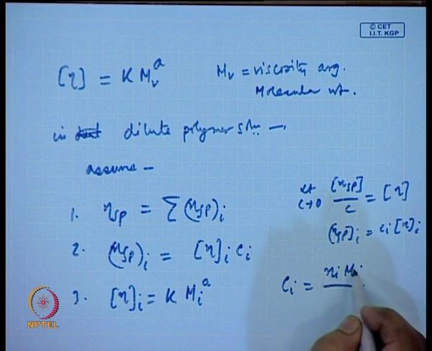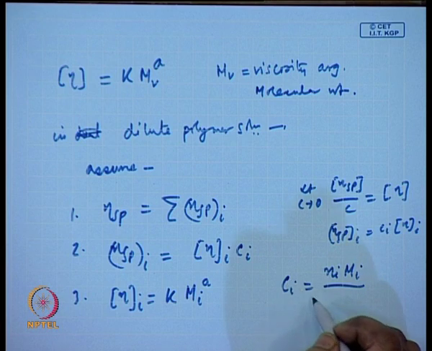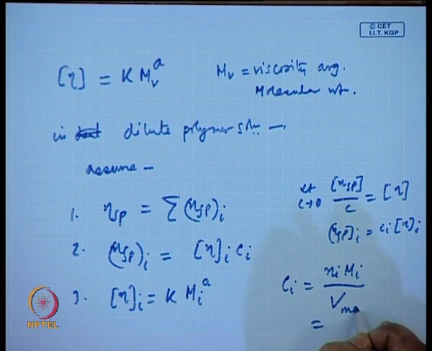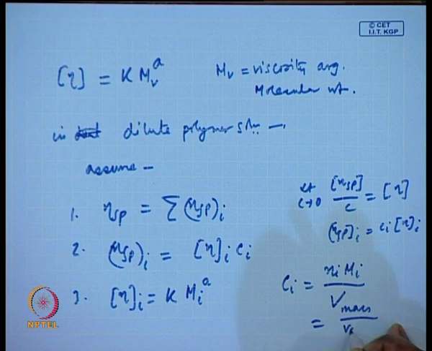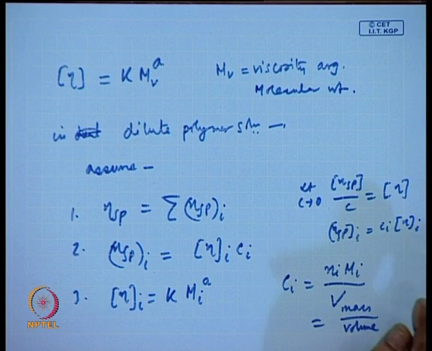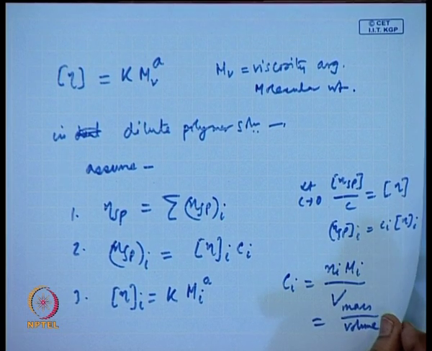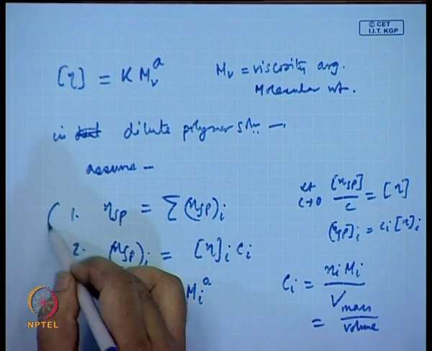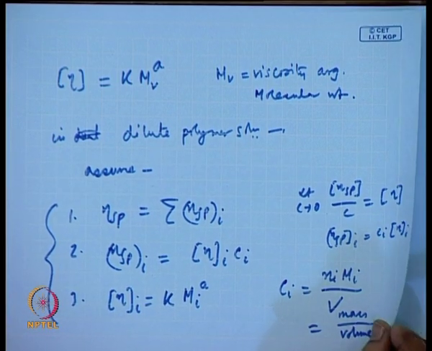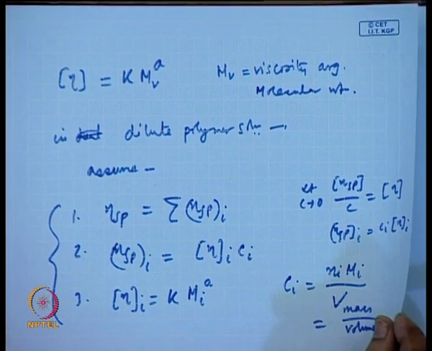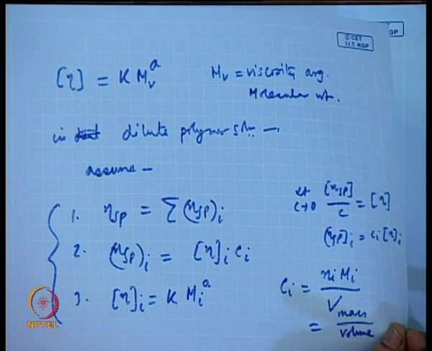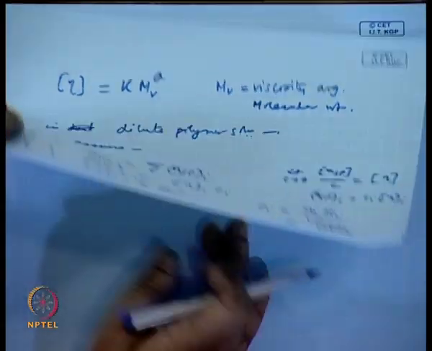This gives you the total mass of the ith molecule divided by volume, so it gives your concentration in terms of mass by volume. We have these three assumptions, which are reasonably fair if we deal with dilute polymer solution.